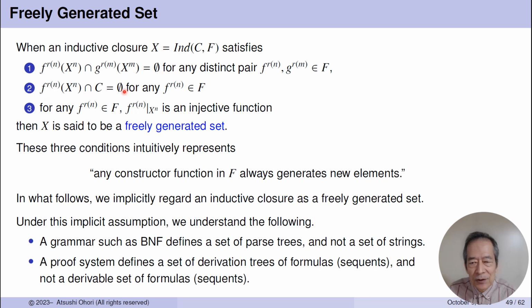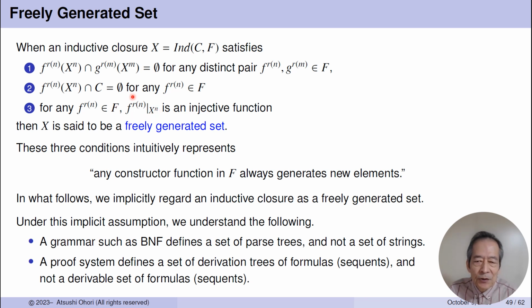And the second condition: for any function in F, this intersection is an empty set, right? And the third condition: for any f in this set, the restriction of f onto this X to the n.